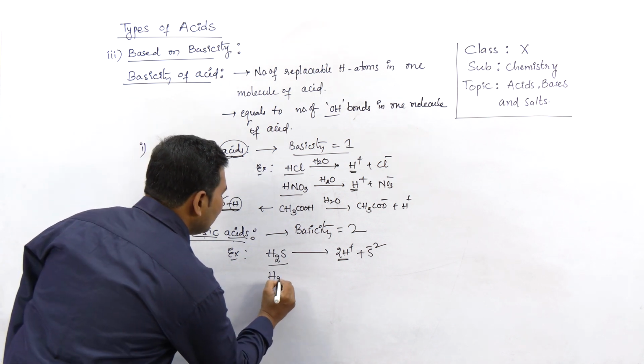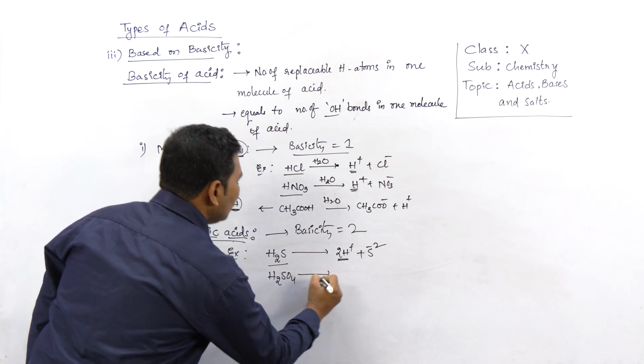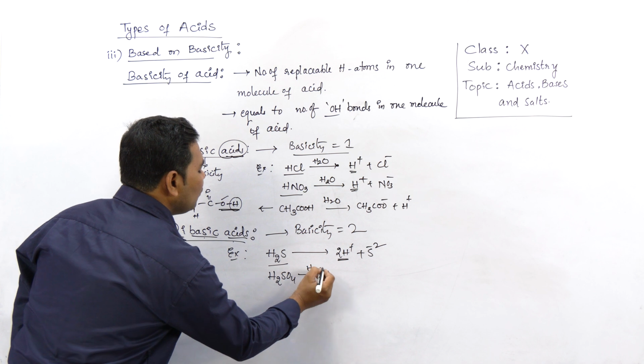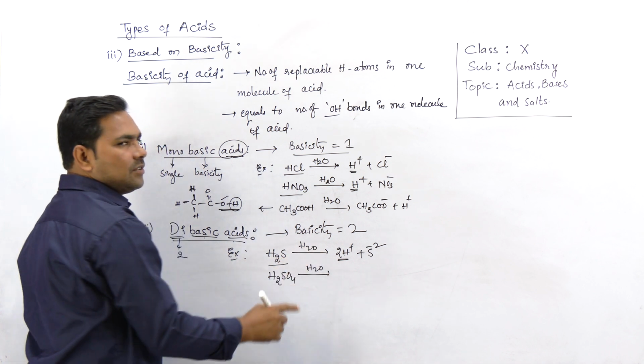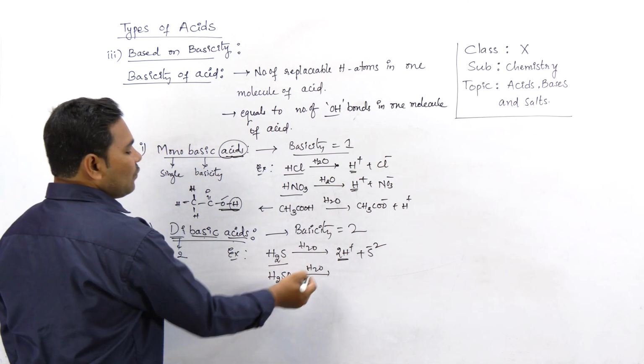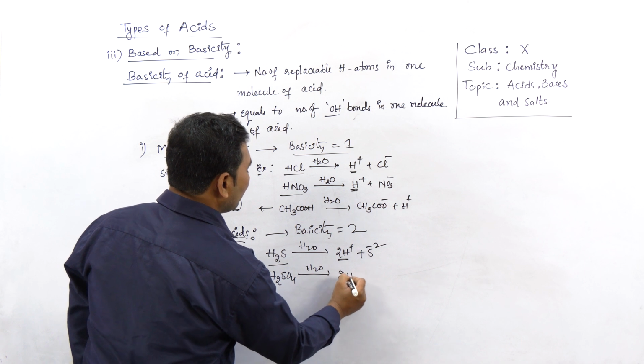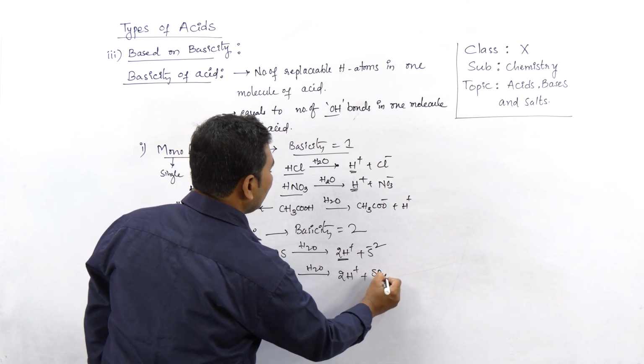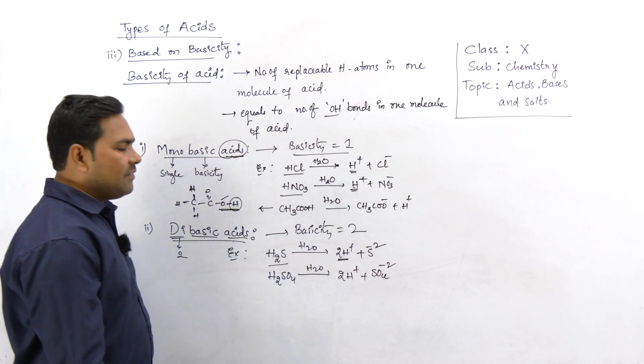Let us have one more example, H2SO4 in water. Everything ionizes in the presence of water only. H2SO4 ionized in the presence of water produces 2H plus and SO4 minus 2, the sulfate ion.